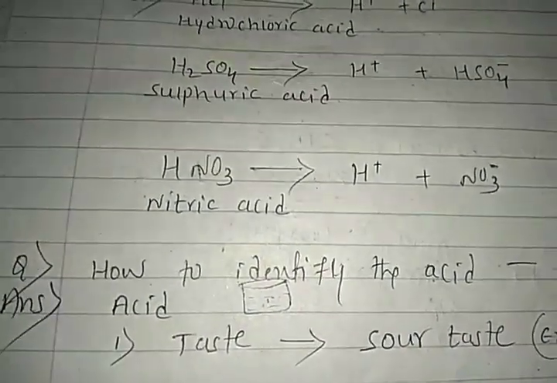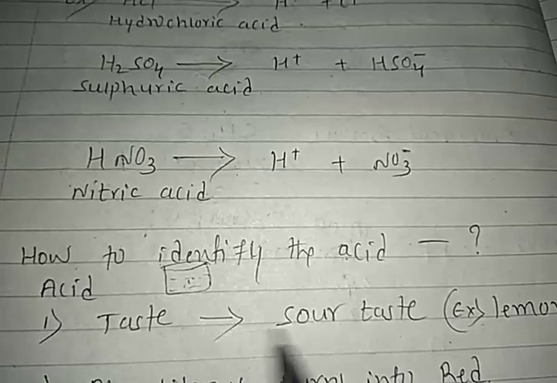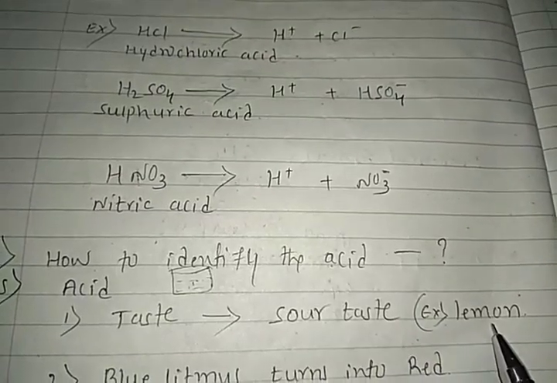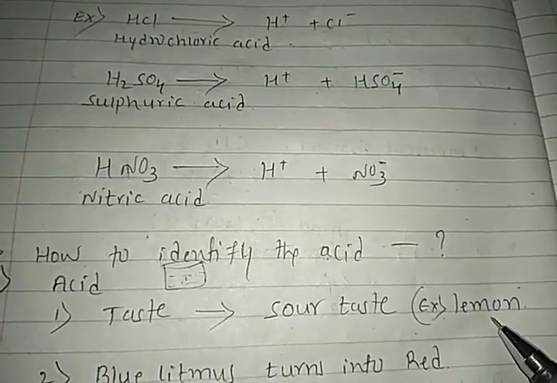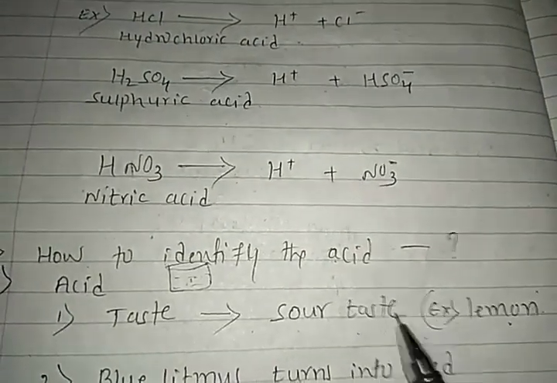The answer is, whenever you get an acid, just taste it. Acid has a sour taste. Example, lemon. Lemon always tastes sour. So acid is a substance which has a sour taste.